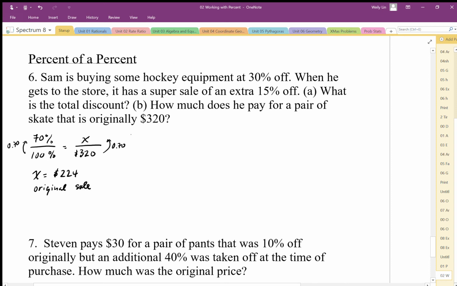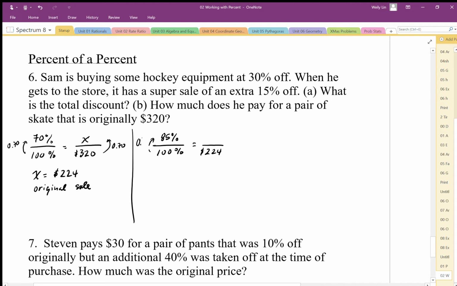Then we can do the next discount, which is an extra 15% off. Well, 15% off means you pay 85%. So we're going to take that away from the 100%. The 100% is our original sale price now, so we're going to use the $224 as our original sale price.